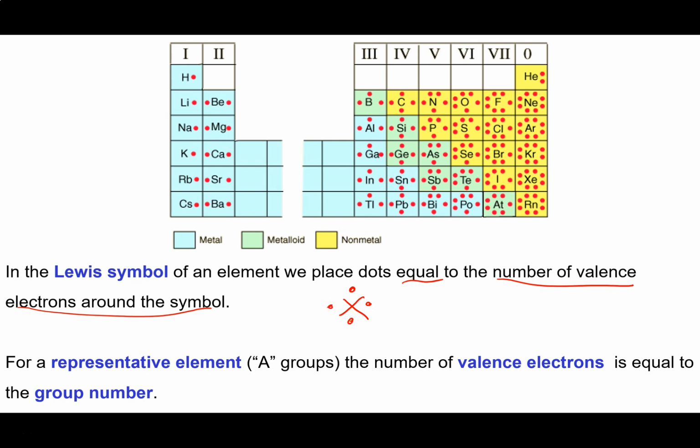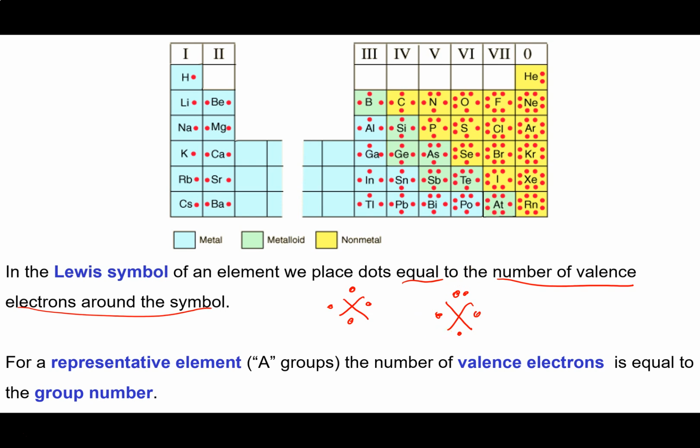Now, the important thing to recognize is it doesn't matter where you begin placing the dots, north, south, east, west, or whether you go clockwise or anti-clockwise. What is important is you put one dot at each of the 4 compass points before you begin pairing up. Okay, so that would be an element with 5 valence electrons there.